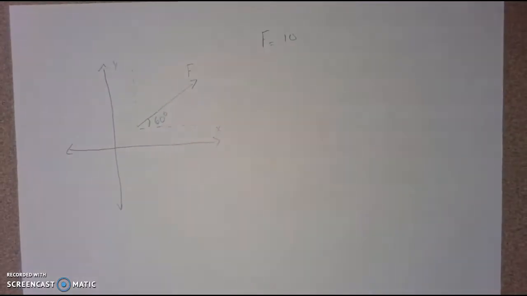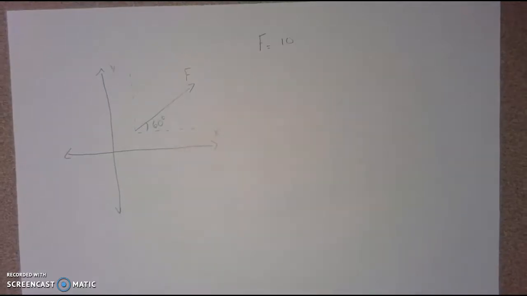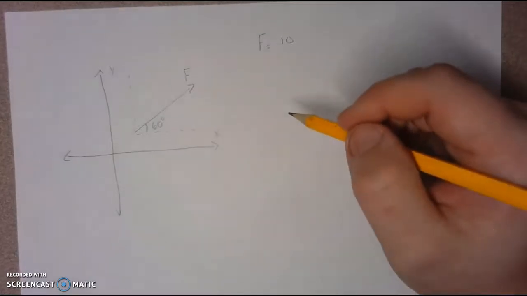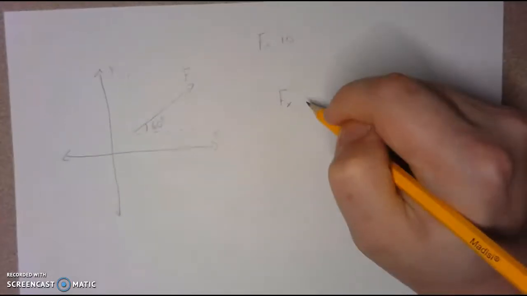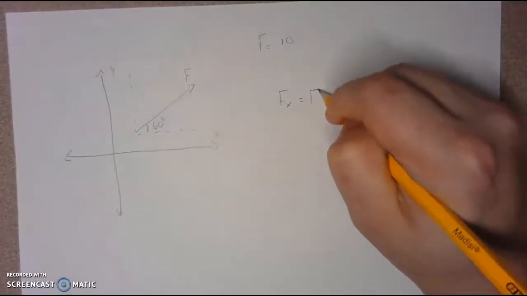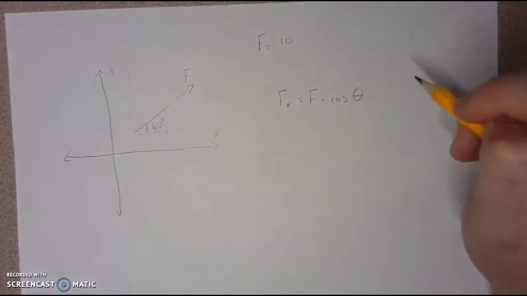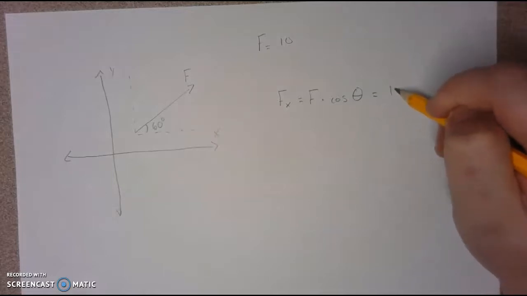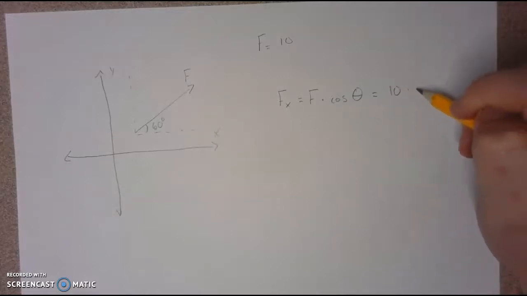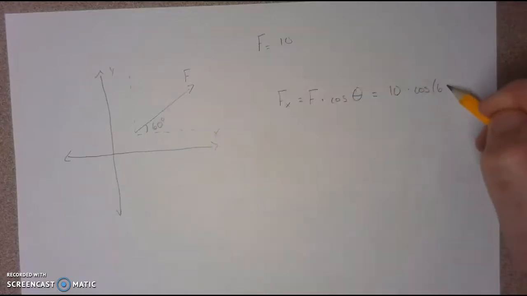Okay? So if you're given magnitude and direction, you can solve for the components. Using what we just did previously, we know that Fx is going to be equal to F times the cosine theta. So in this problem, F is equal to 10, and our angle is 60 degrees.